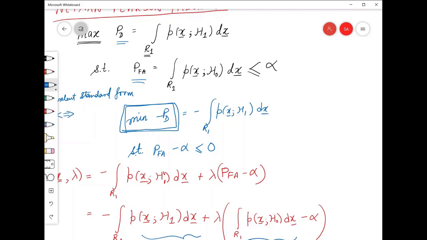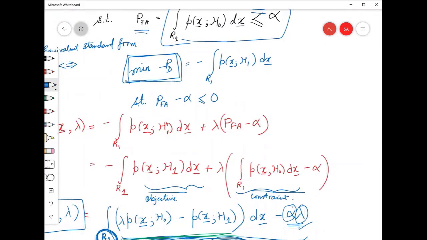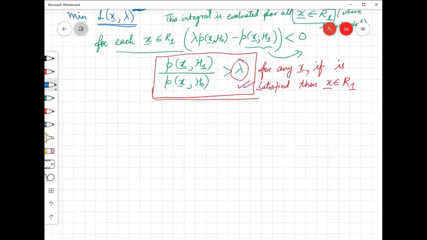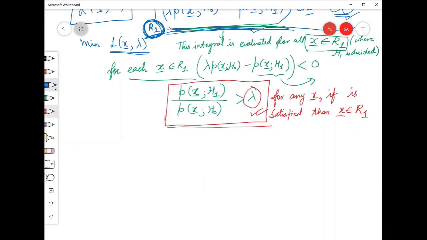So rather than being an inequality here, at the optimal point, the false alarm will be equal to alpha.